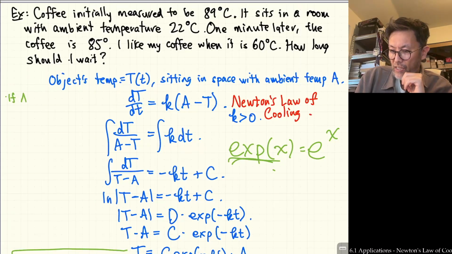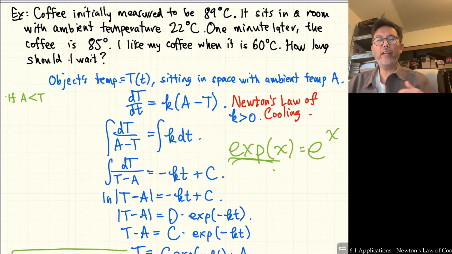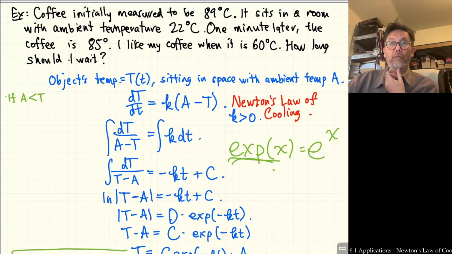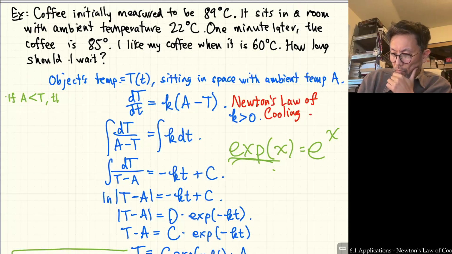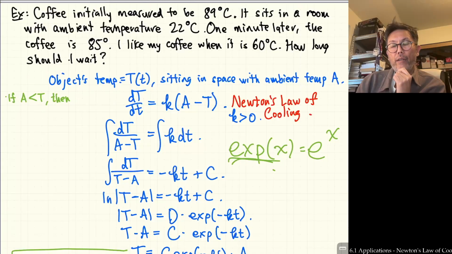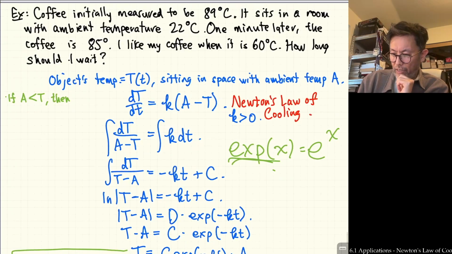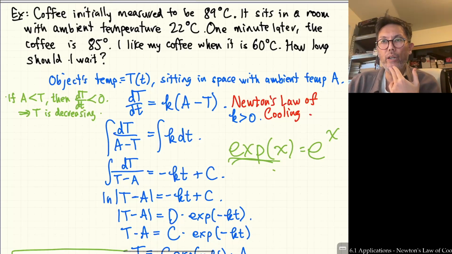If A is less than T, meaning that the object's temperature is greater, it's hotter than the ambient temperature, then will you acknowledge that A minus T is going to be a negative quantity, and therefore dT/dt is negative, which of course implies that T is decreasing. We learned this when we learned about basic properties of the derivative.